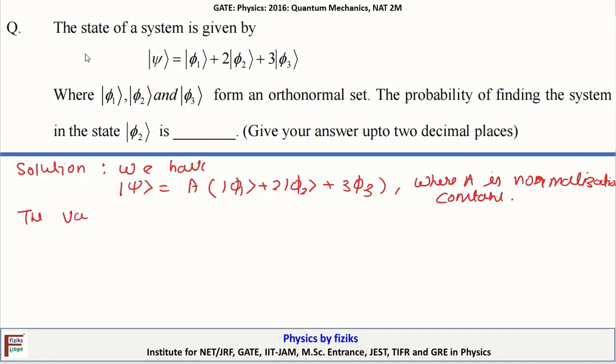The value of a is obtained from the normalization condition.